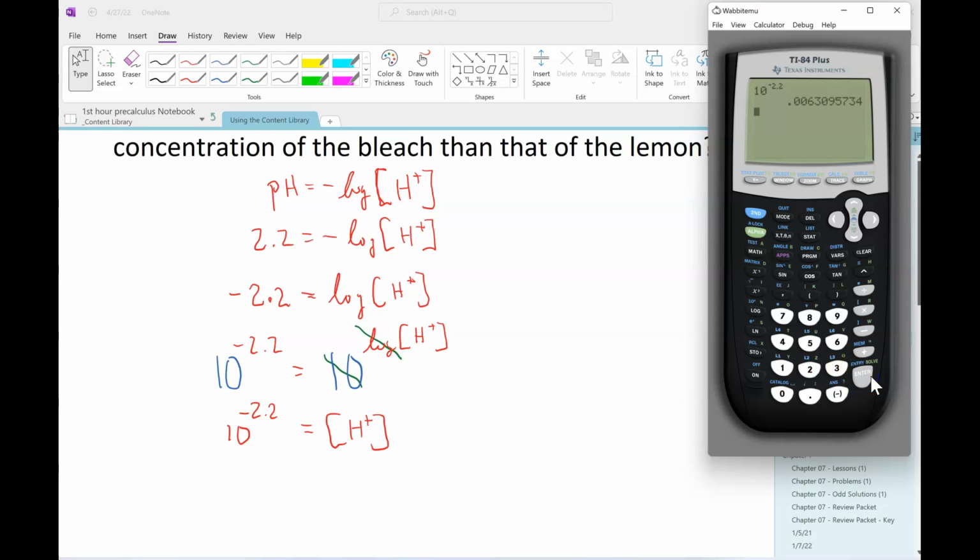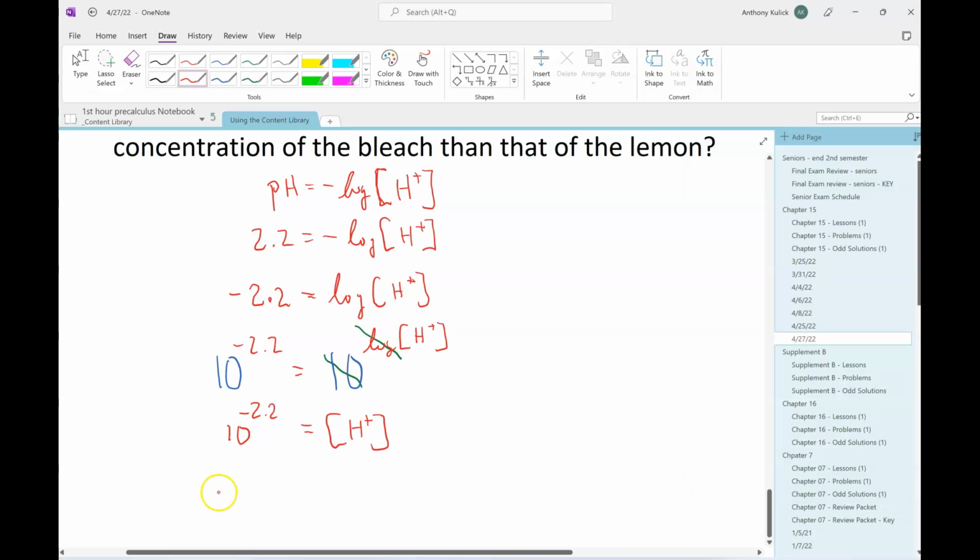So we have 0.0063-ish. And then this is moles per liter, I think, is molarity, right?